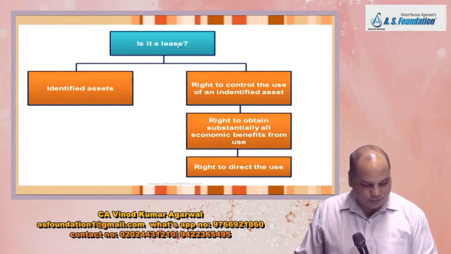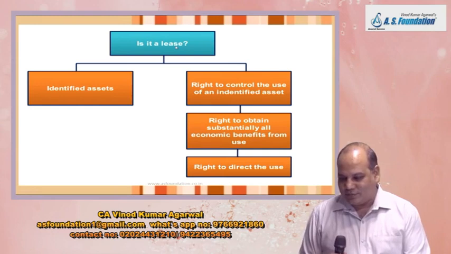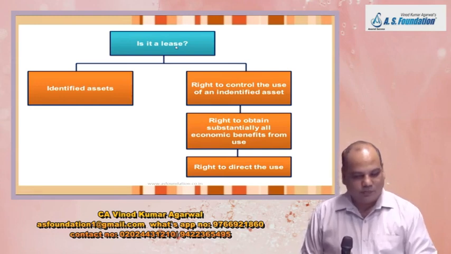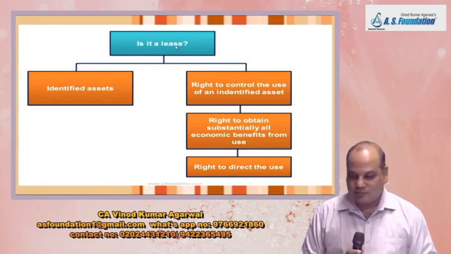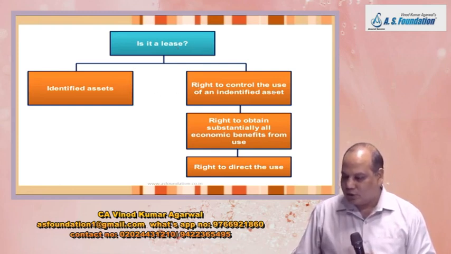So now we will quickly discuss this line. How to identify an asset. So first check whether it is a lease transaction. If it is a lease transaction, then check the identified asset.